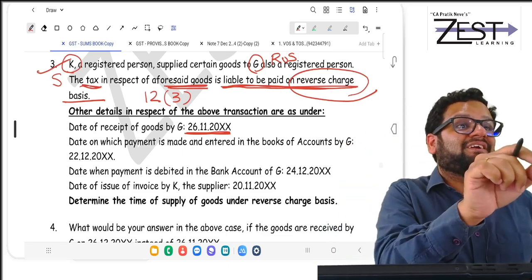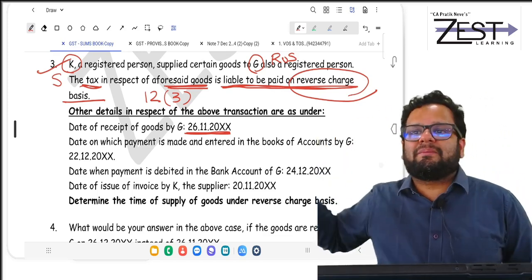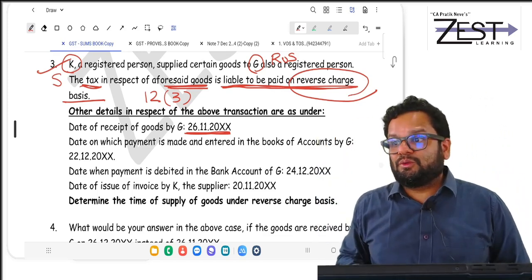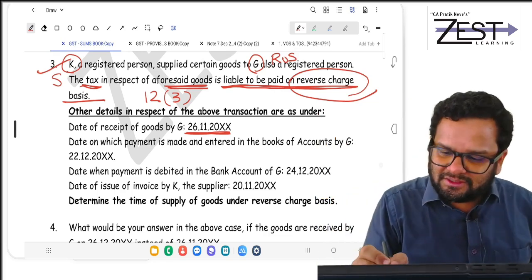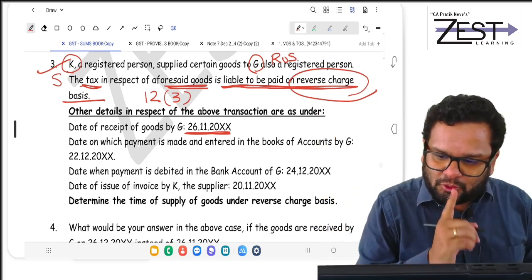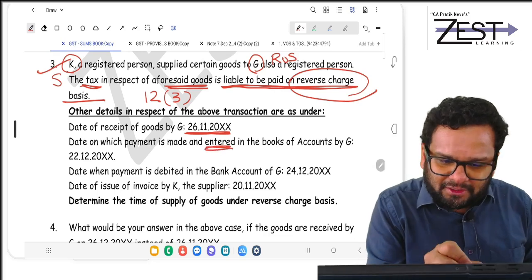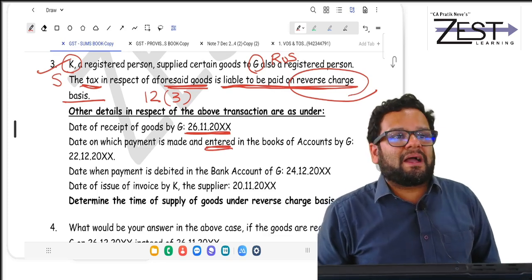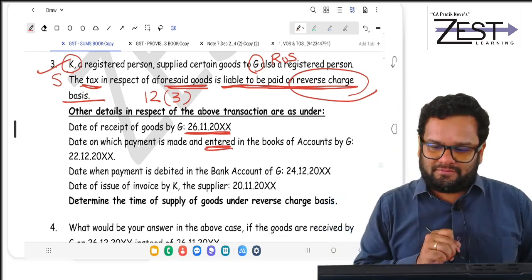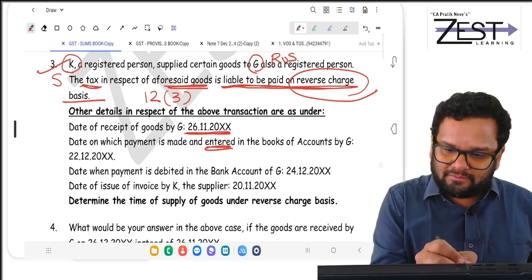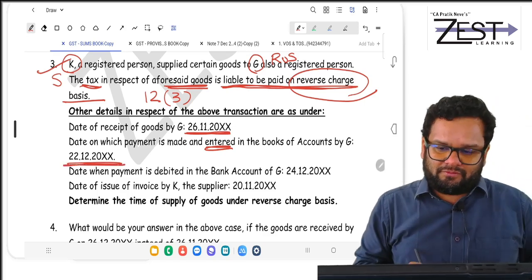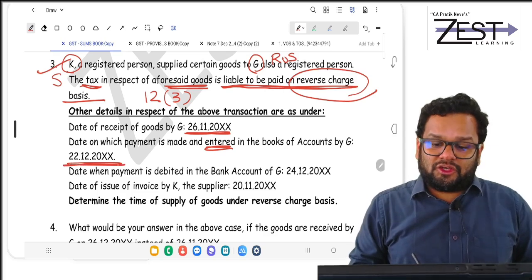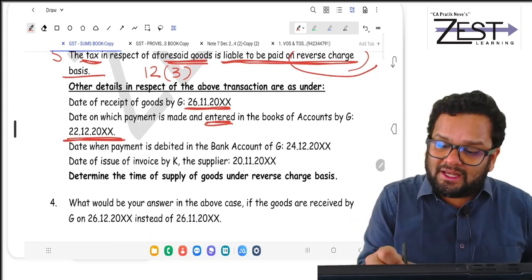It will get debited from my bank, whichever is earlier. So here, entry in the books happened on 22/12. It is debited in bank account on 24/12. Which one will you take? 22/12.